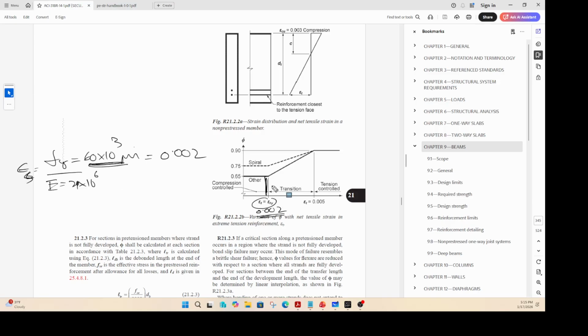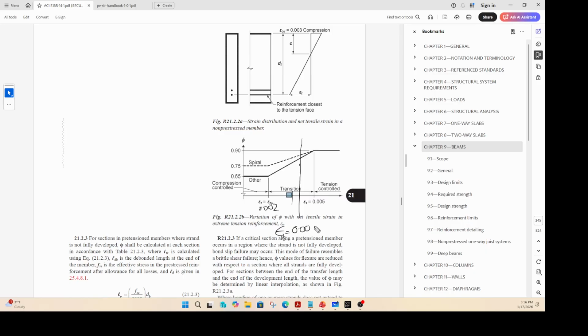Now if your strain falls below that, you're not legal, you're not allowed to even design it. Let us say this is 0.002, and somewhere here let's say it is 0.004. That line is the strain in steel of 0.004.